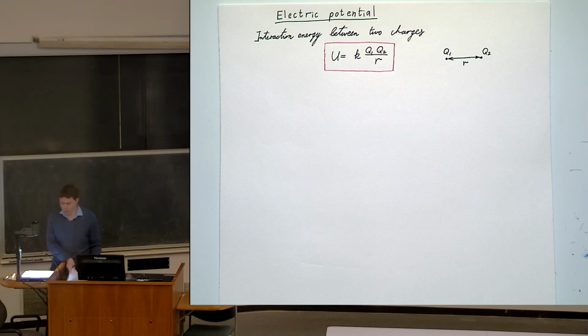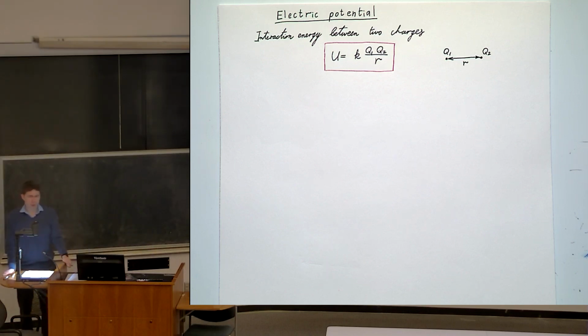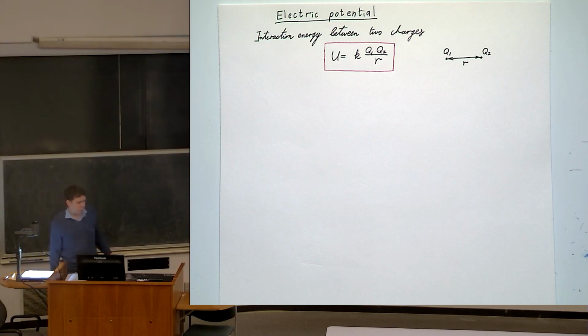We started talking about electric potentials, and we have not defined what an electric potential is. So far, we discussed that a system of interacting charges has some energy associated with their interactions. Just as a reminder, there are lots of examples of manifestations of those energies.